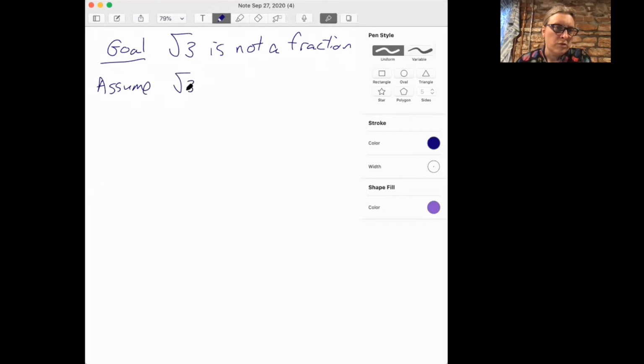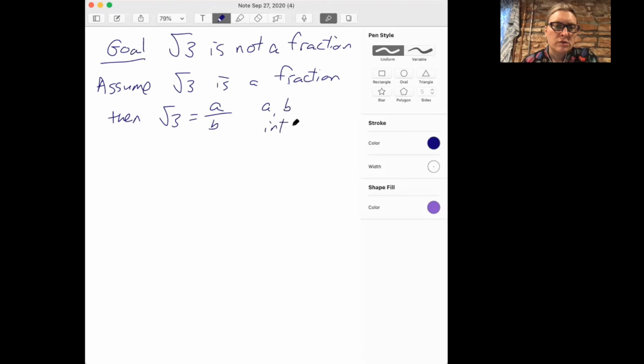We're going to assume the square root of 3 is a fraction, and then we're going to try to contradict ourselves. So if the square root of 3 is a fraction, then we can write the square root of 3 as a over b, where a and b are integers, and b can't be 0.